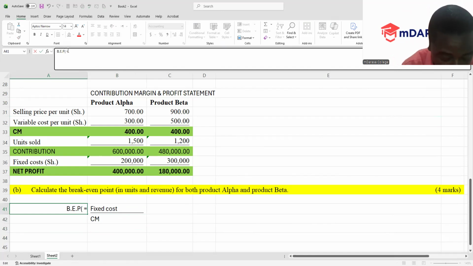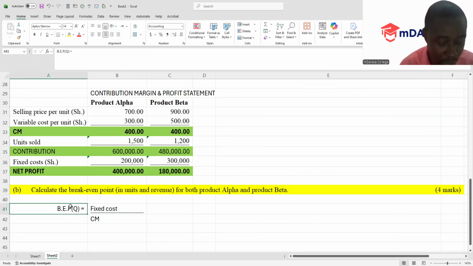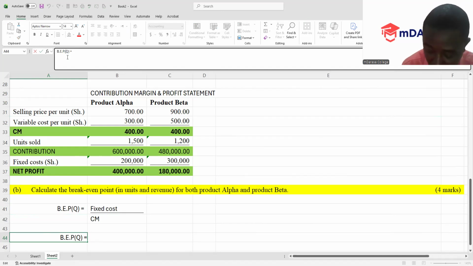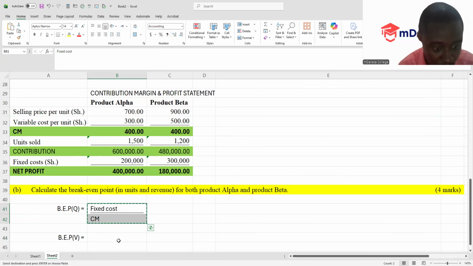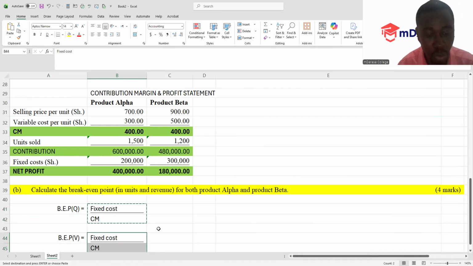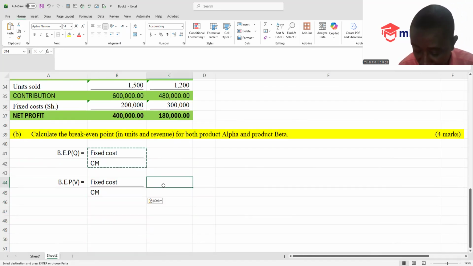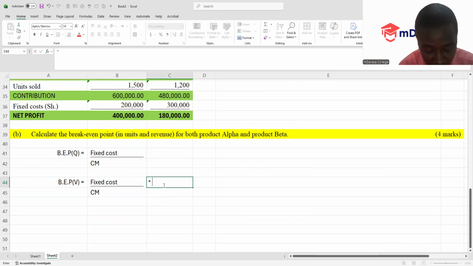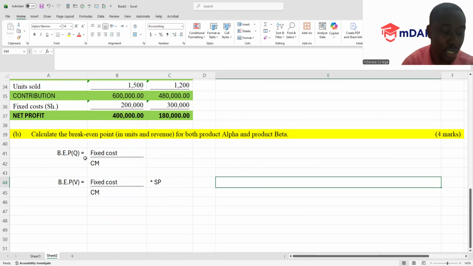If you want to determine it in value, a similar process applies: we take the break-even point and multiply by our selling price per unit.